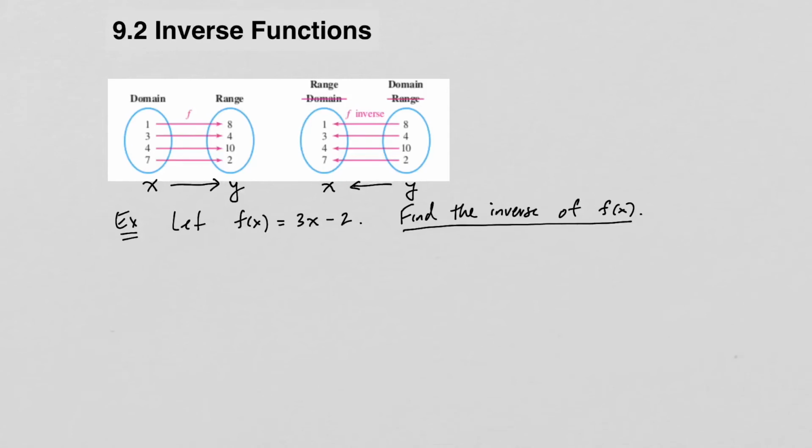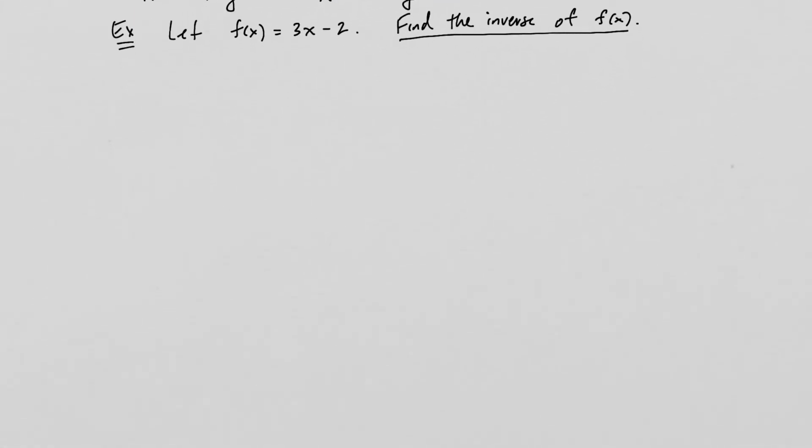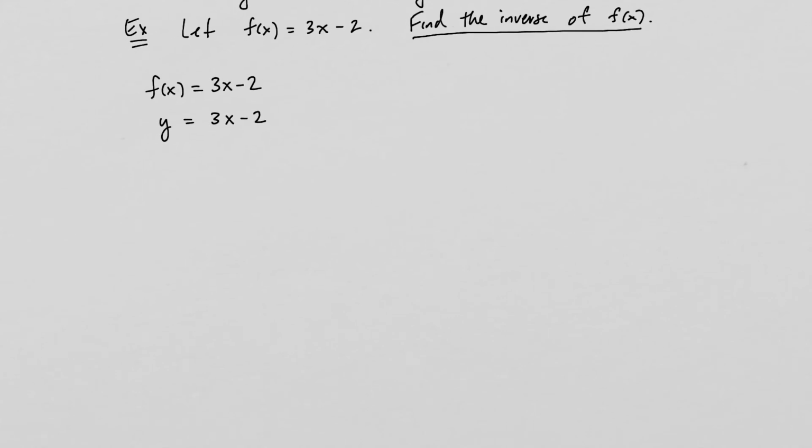So here's how it goes. We're going to start with our function f of x equals 3x minus 2, and we're going to express it using y notation. Okay? So we're going back to the simpler notation, y equals 3x minus 2. Again, this is our original function. The inverse of this function occurs when you switch x and y.